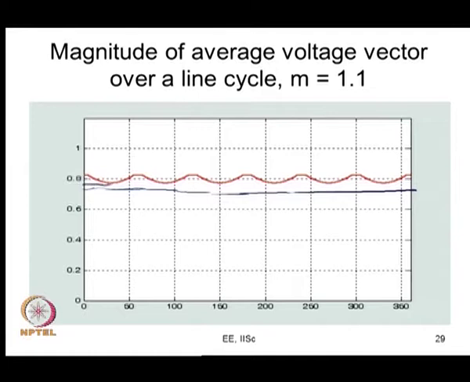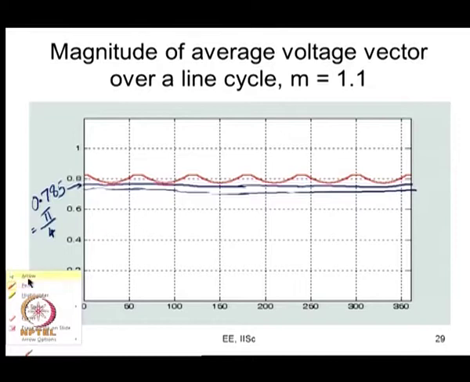So, this is for m equal to 1, and this one will be actually equal to 0.785, which is pi by 4. That would have been the average value of the vector.